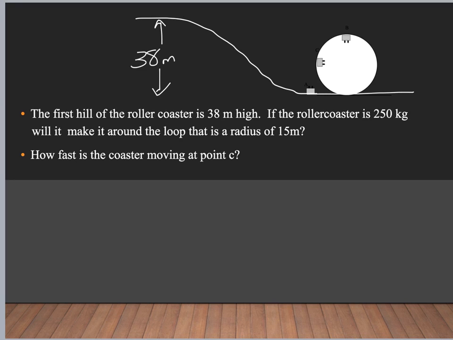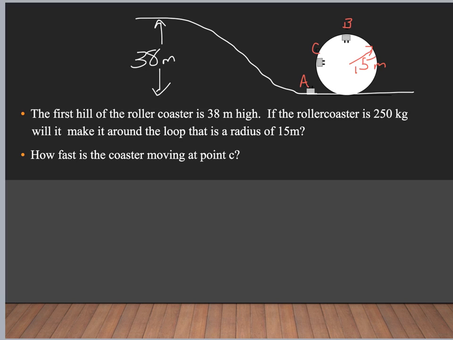And it tells us the mass of the roller coaster. We want to know if it'll make it around the loop if it has a radius of 15 meters. All right, so this is 15 meters. This is point B, this is point A, and that is point C.